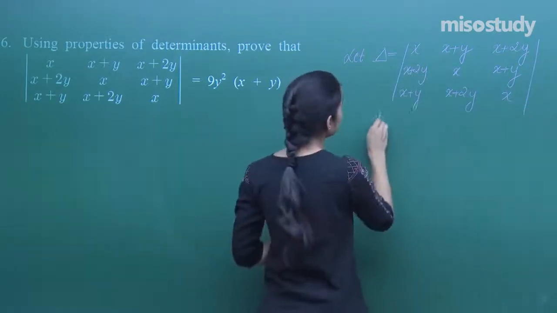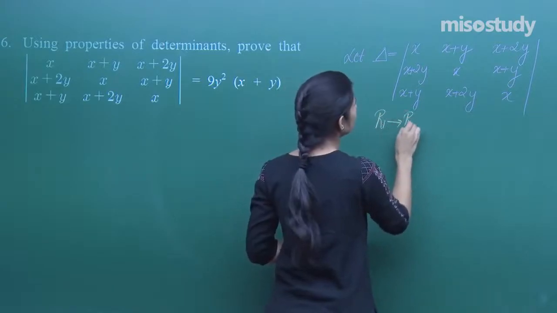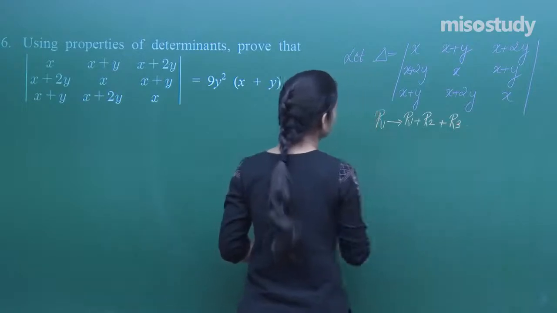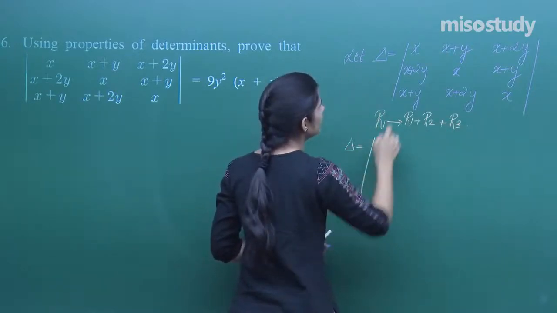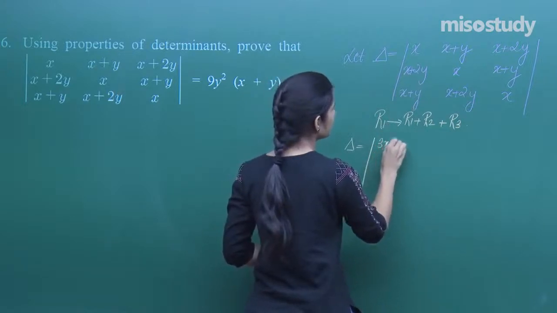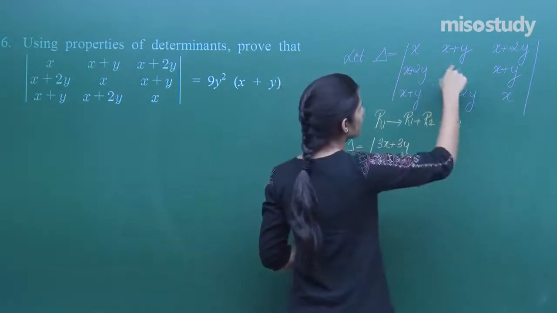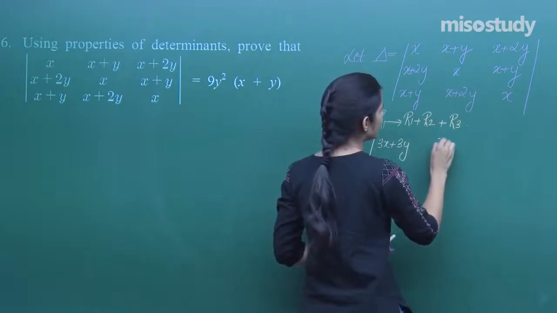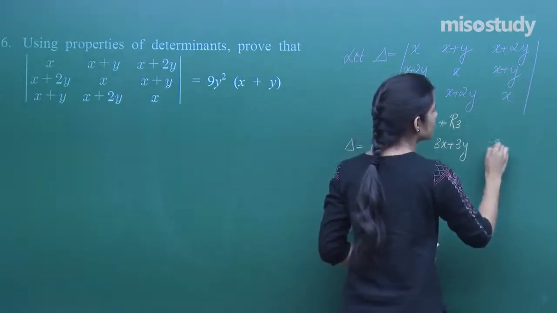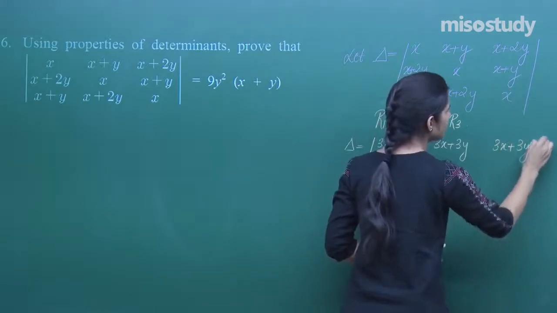According to the pattern, clearly if you apply R1 goes to R1 plus R2 plus R3, you get del is equal to: x plus 2y plus x plus y plus x, so it is 3x plus 3y; x plus y plus x plus 2y plus x, again 3x plus 3y; x plus 2y plus x plus y plus x, again 3x plus 3y.